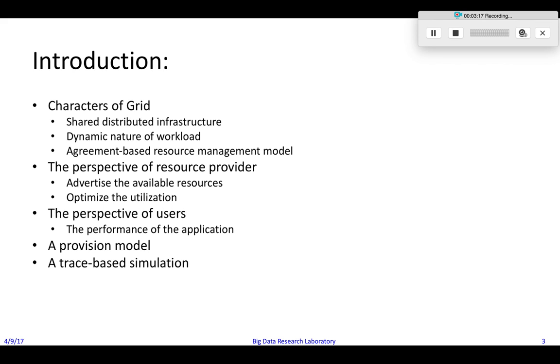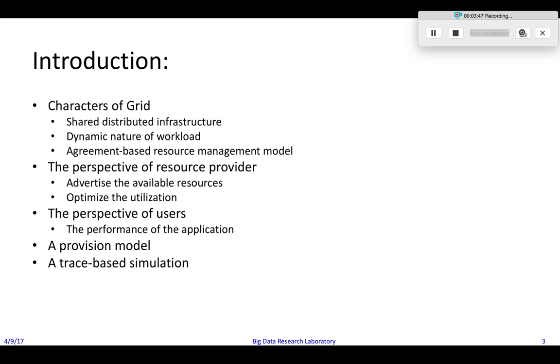Sometimes if one application is delayed, the remaining applications can be delayed too. So based on these two characteristics of the grid, an agreement-based resource model is very necessary in the grid to make sure that a specific application can be run successfully.